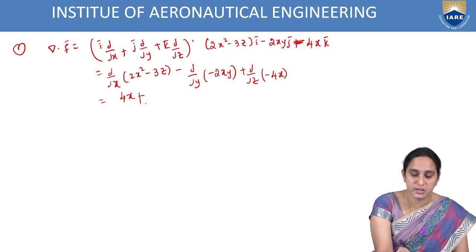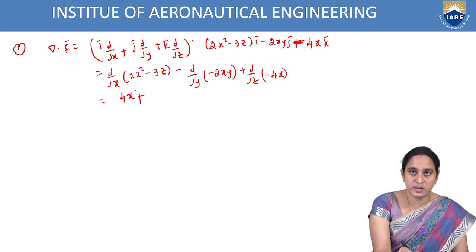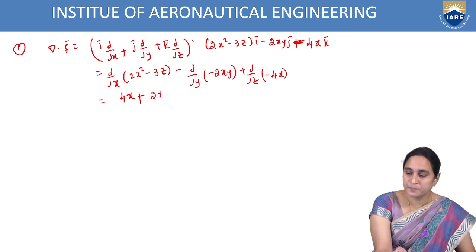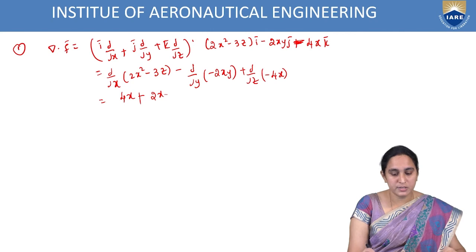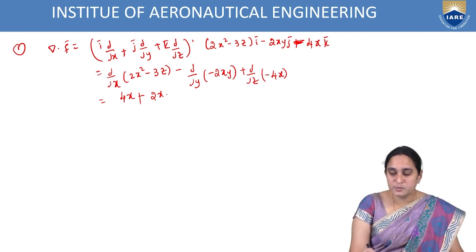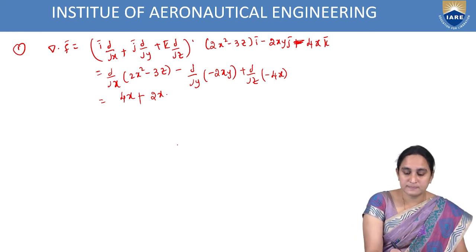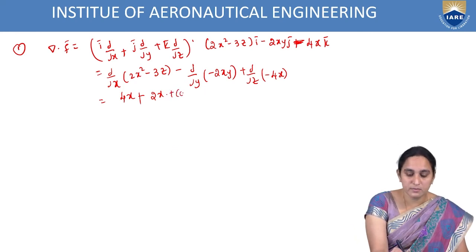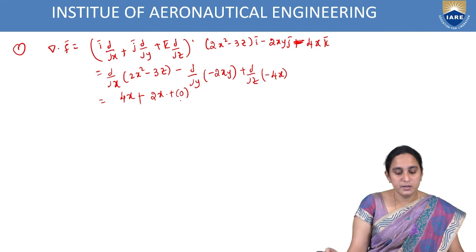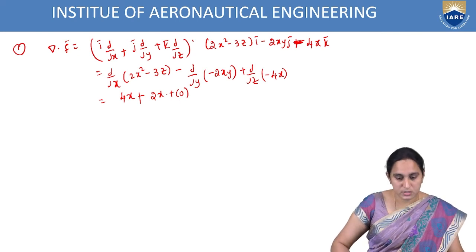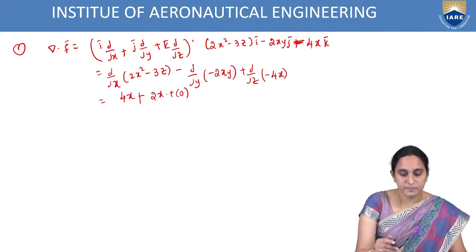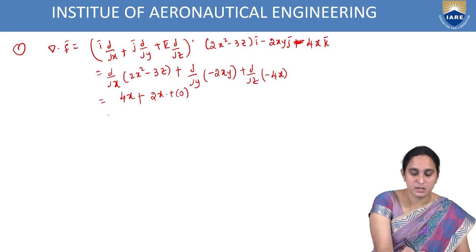Minus into minus is plus, with respect to y, differentiation gives 2x, and with respect to z it is 0.